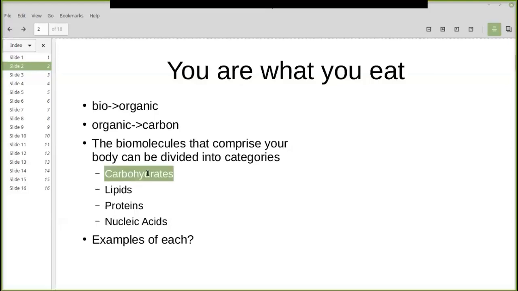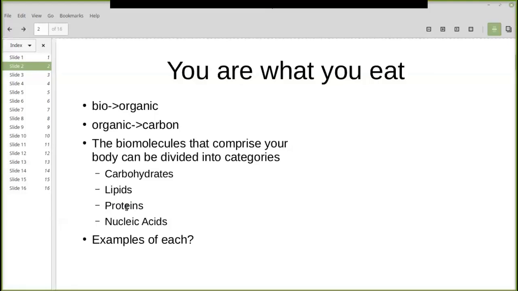What would be an example of that? Would glucose be an example? Okay, good. Glucose would be an example of a carbohydrate. A lipid. What would be an example of a lipid? Butter, right? Butter has lots of fats in it. Fat's a type of lipid.